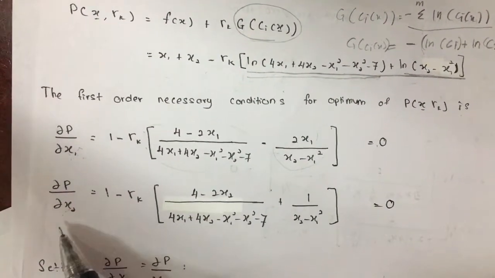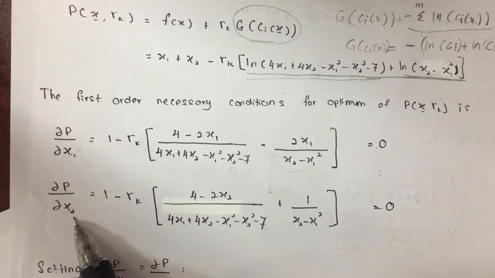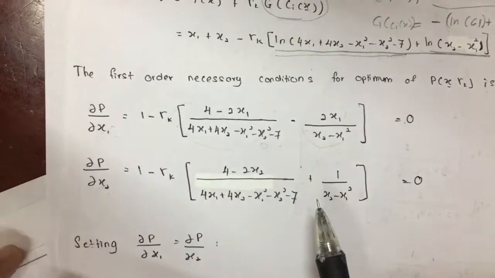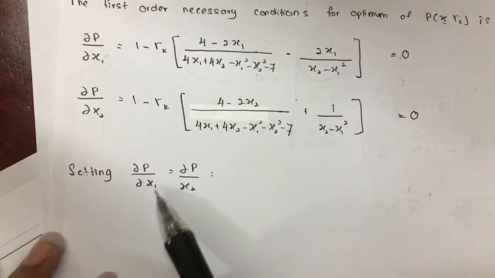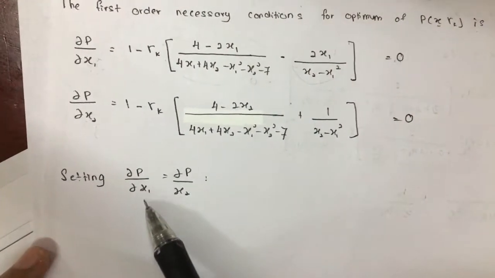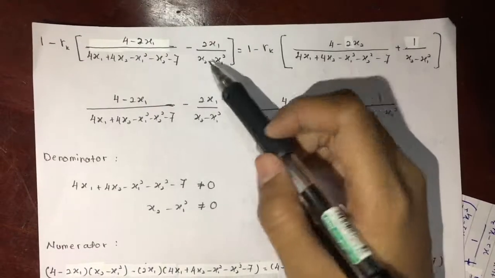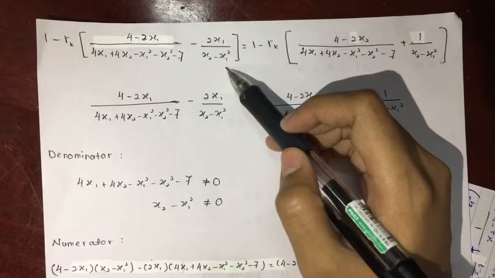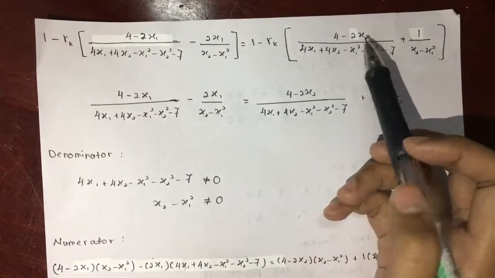Same also for the partial differentiation with respect to x2. We get it like this, and we can see that both partial differentiations are equal to 0. So we set the partial differentiation of x1 equal to the partial differentiation of x2.